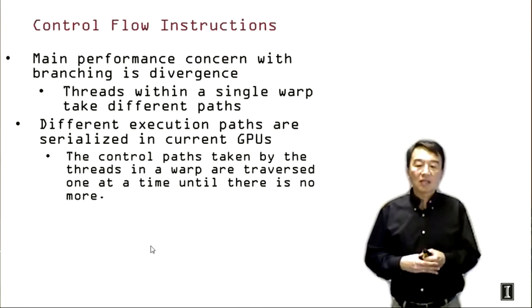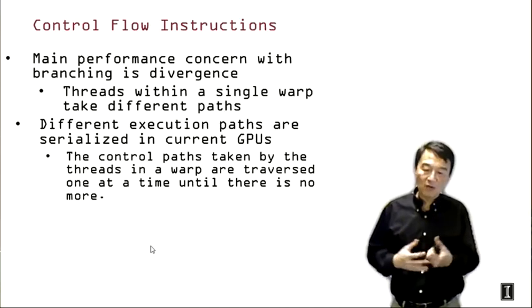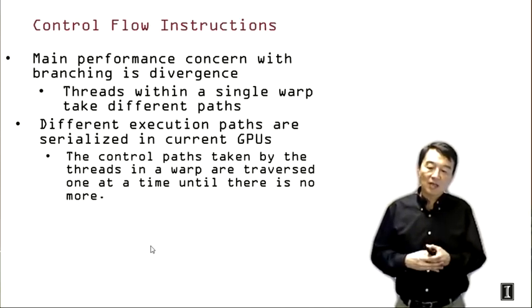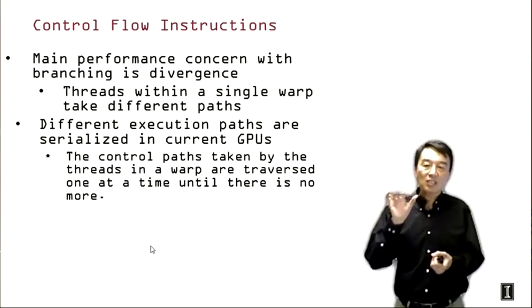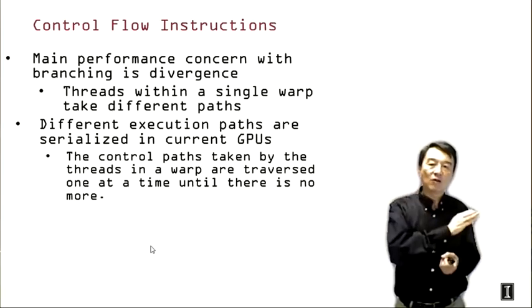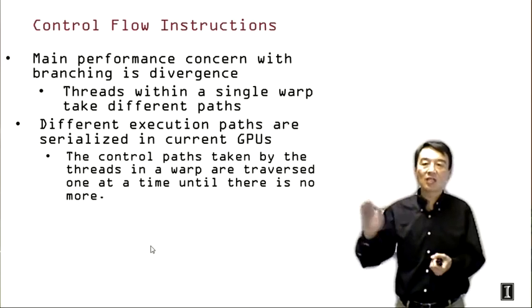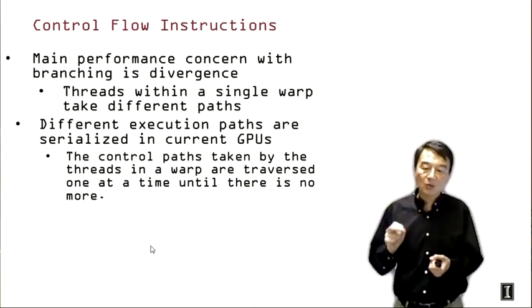So now let's go back to the control flow instructions. Whenever we have a real divergence, that is, when we look at the execution of a warp, if some of the threads truly want to take one direction for a branch and other threads want to take the other direction of the branch, that's when we have a real control divergence.